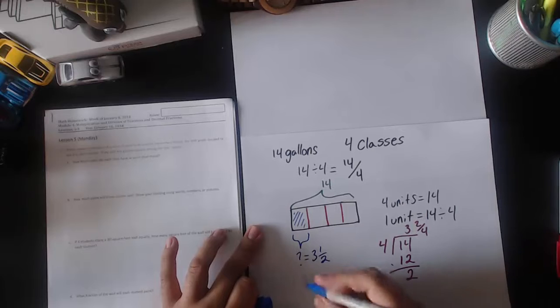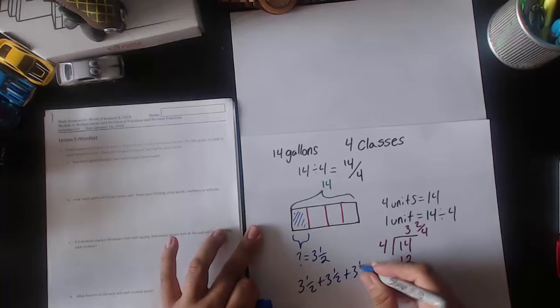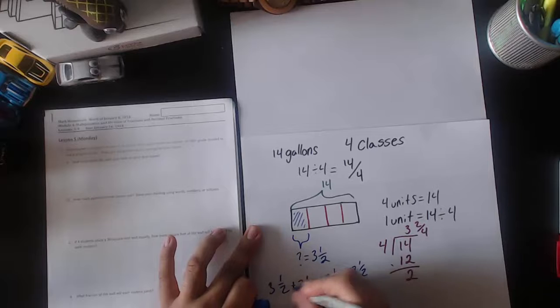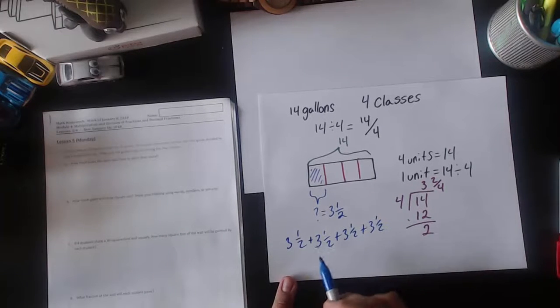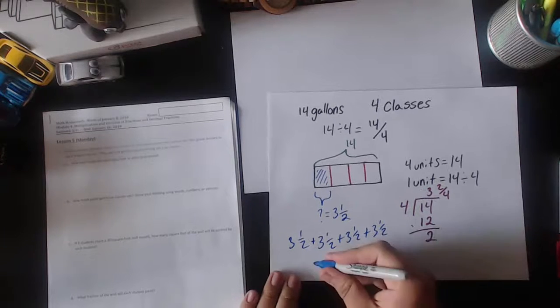Now let's put that to the test. 3.5 plus 3.5 plus 3.5 plus 3.5. Well, I like to count up all of my whole numbers first. 1, 2, 3, 4. 4 times 3 is 12.